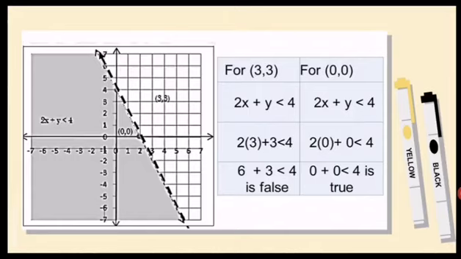We get 2 times 0 plus 0 is less than 4. In here, we have 0 is less than 4, and this is true. Therefore, all the points at the left part of the graph, or the part which is shaded, are solutions to the inequality 2x plus y is less than 4.